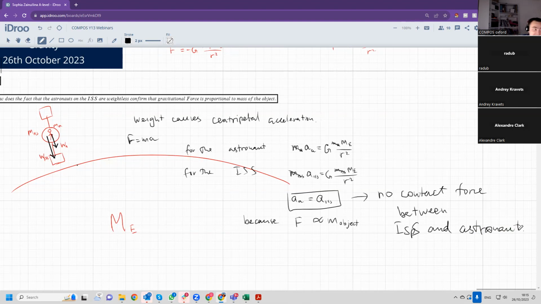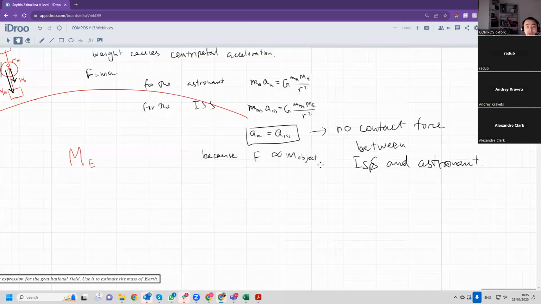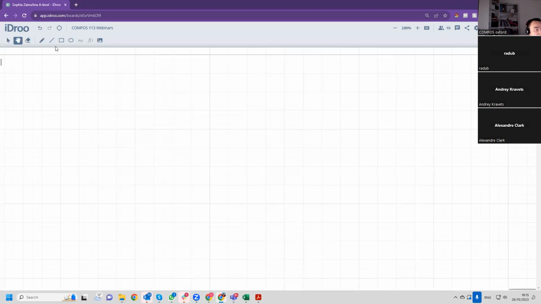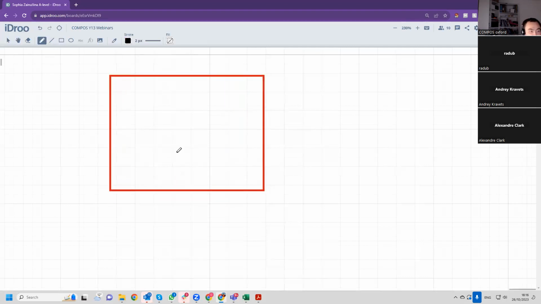So if you look at a human on Earth, sitting in your chair, this is your room, you have the weight force acting downwards and the normal reaction force acting upwards.